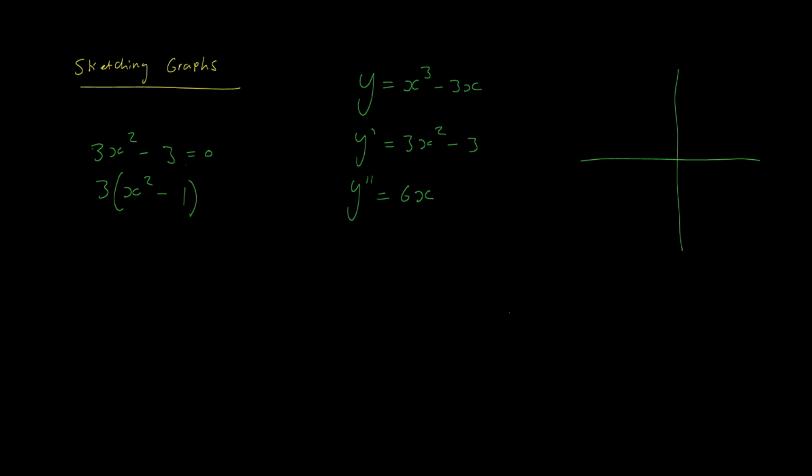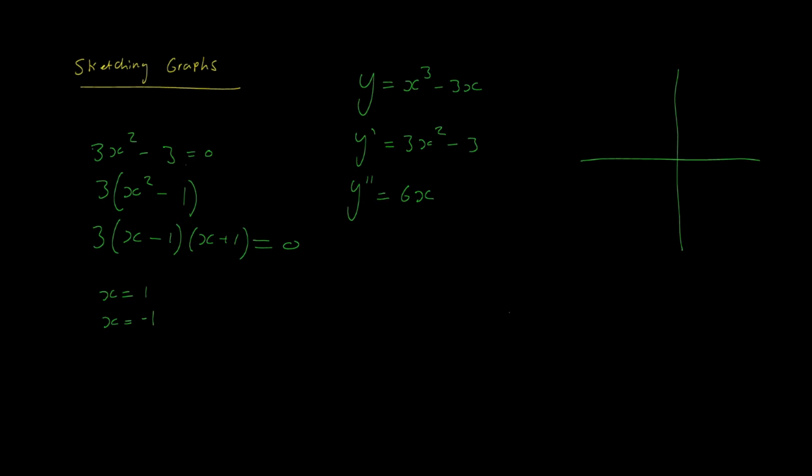Okay, and now we've still got a square there, so we can factorize what's in the brackets quite easily. And we get 3 times x minus 1 times x plus 1, and that's going to equal 0. And then we can clearly see that equals 0 when x either equals 1 or minus 1. So we can see our stationary points are at x equals 1 and x equals minus 1.